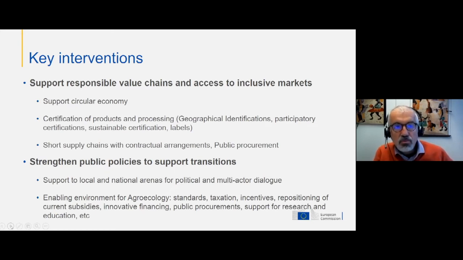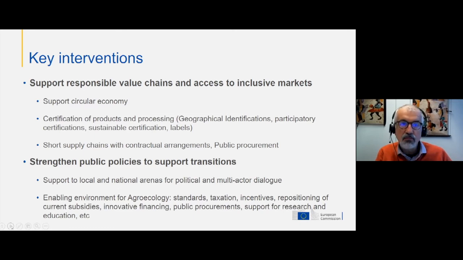Next, the third area is reinforcing value chains. Well, we need to develop markets and give access to markets so that the agroecological produces can be sold. And for that to happen, we need actions around circular economy, recycling, creating renewable energies, so value chains that are sustainable and responsible.